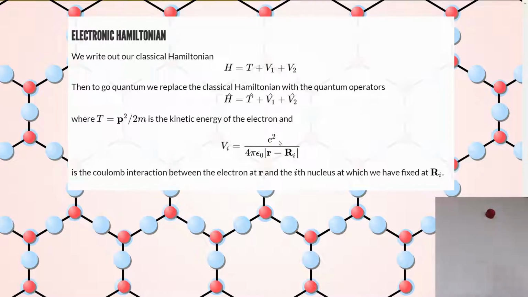So if little r is where the electron is, and big R is where the core is, then the interaction looks like a Coulomb interaction.